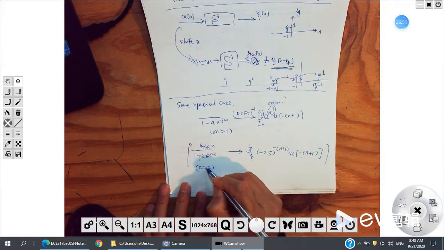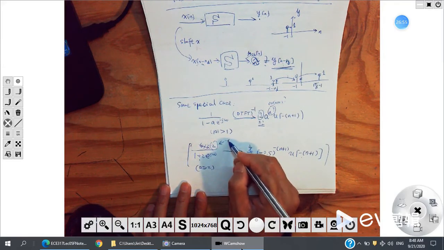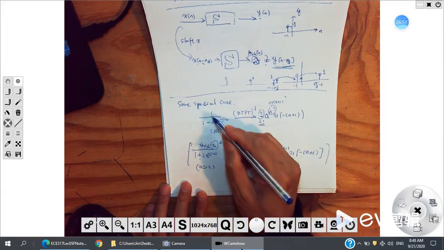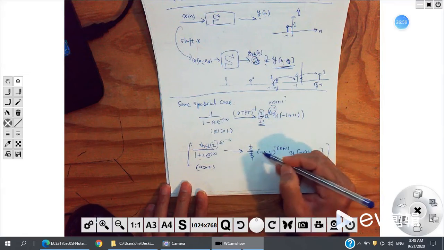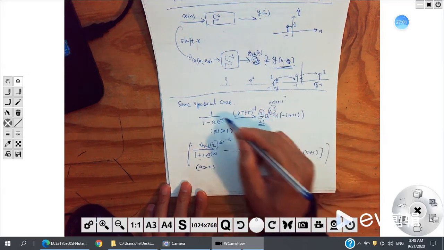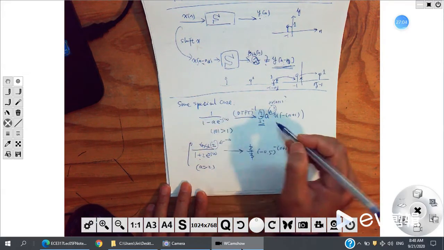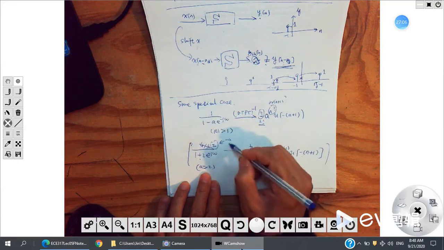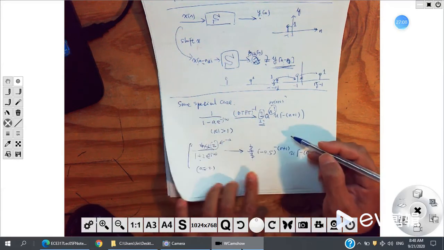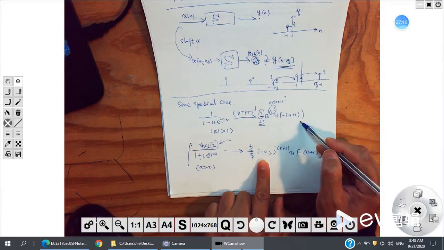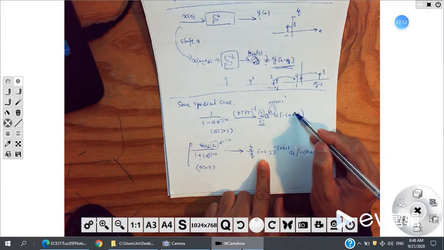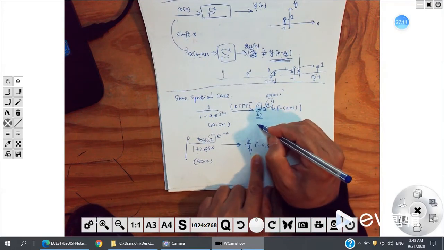A is negative 2. So this is a negative a. And if I put a here, then here is a positive. It's just this one. I remove a. If I put negative a here, right? This is negative a. If I put negative a here, this will be this one. So now I remove that negative a.